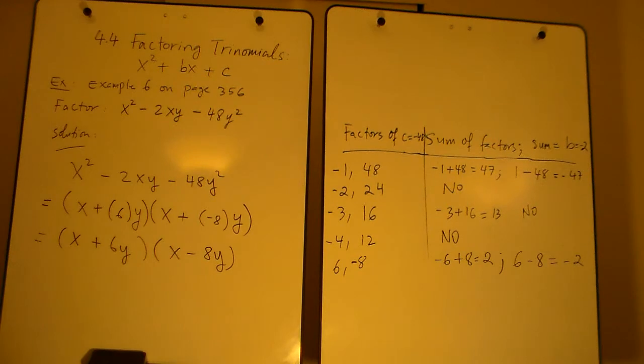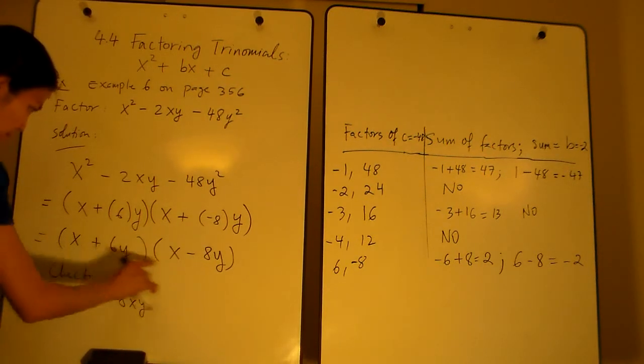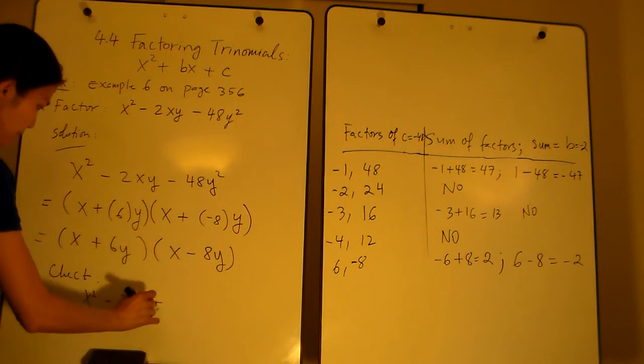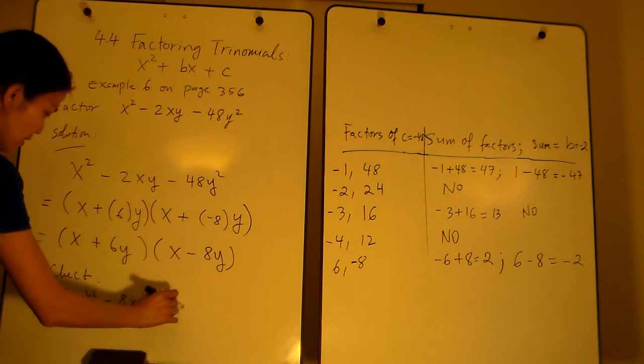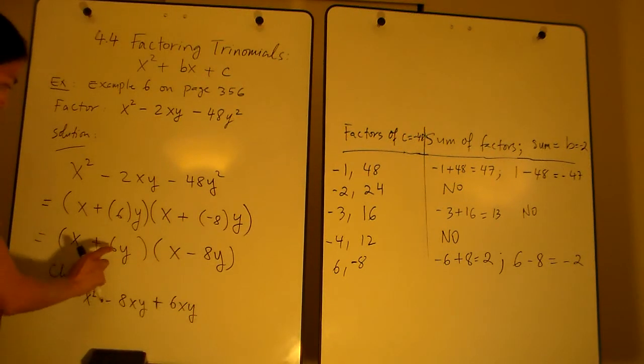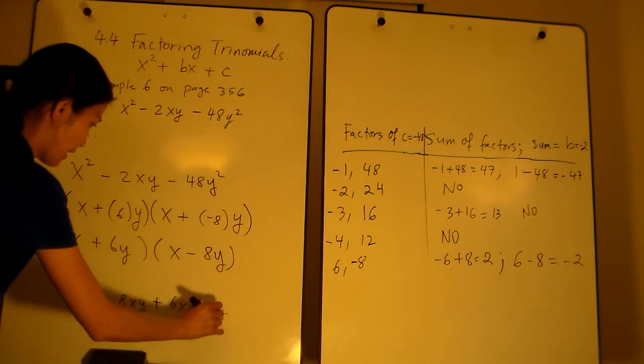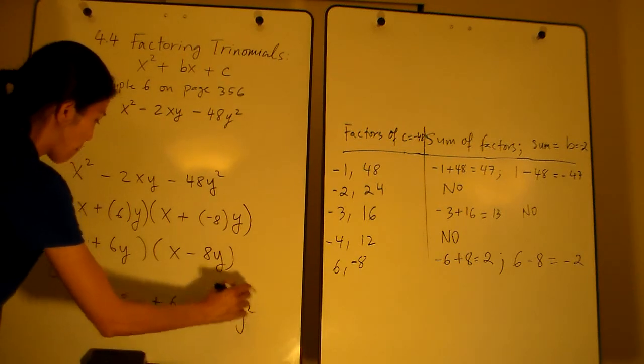We can verify and check the answer to see if it's correct. x squared. This checks. x squared, this time negative 8xy, plus 6xy, right? 6y times x is 6xy. 6y times negative 8y is negative 48y squared.